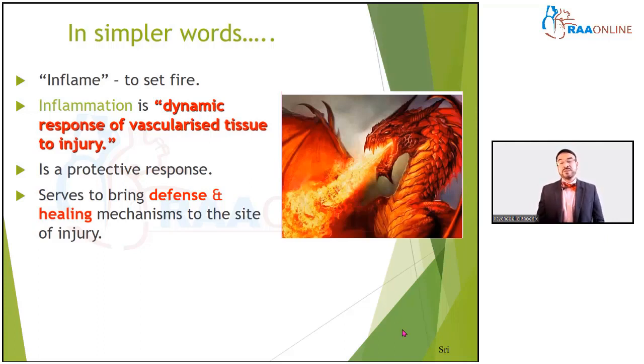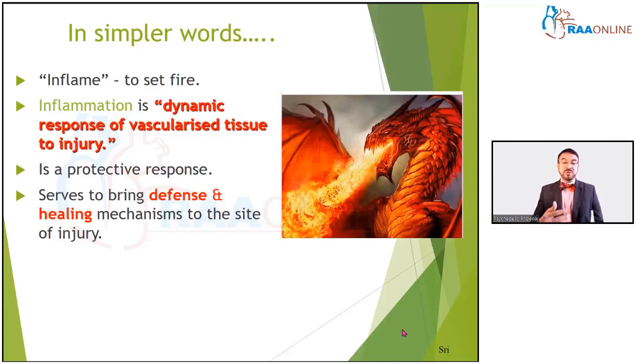And this is not just an ordinary response. This is a dynamic, very active response. So remember, as we saw in the previous slide, it is a protective response. It eliminates the bacteria, and it makes sure that the defense and healing mechanisms of the body are brought to the site of injury. It is like traveling in a train and suddenly you have robbers who have surrounded you. You have a dynamic response, you fight back.